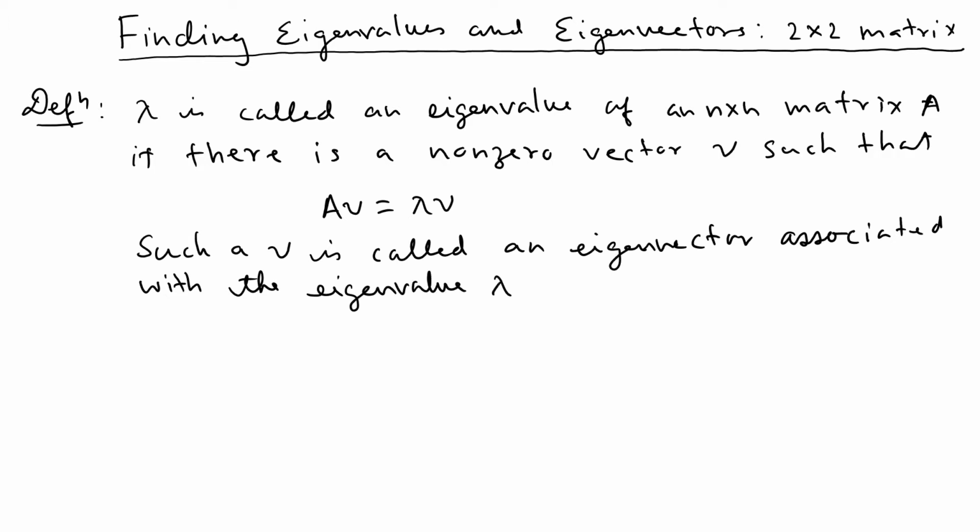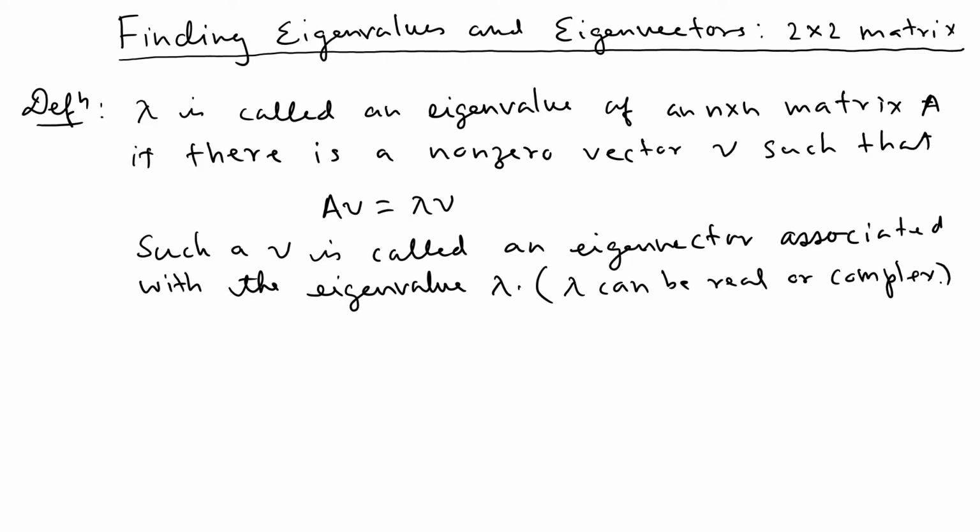This lambda can be real or complex, so it can be a complex number as well. Yeah, so that's the definition.